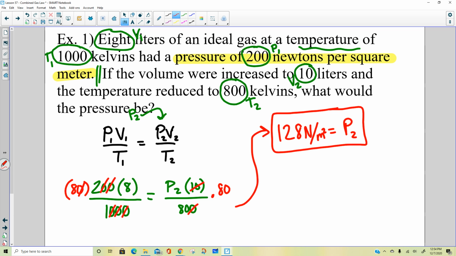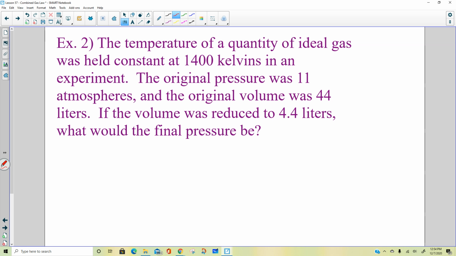Let's do another one. Example 2. The temperature of a quantity of ideal gas was held constant at 1400 kelvins in an experiment. All right, wait here, stop here. This is important. The temperature was held constant.